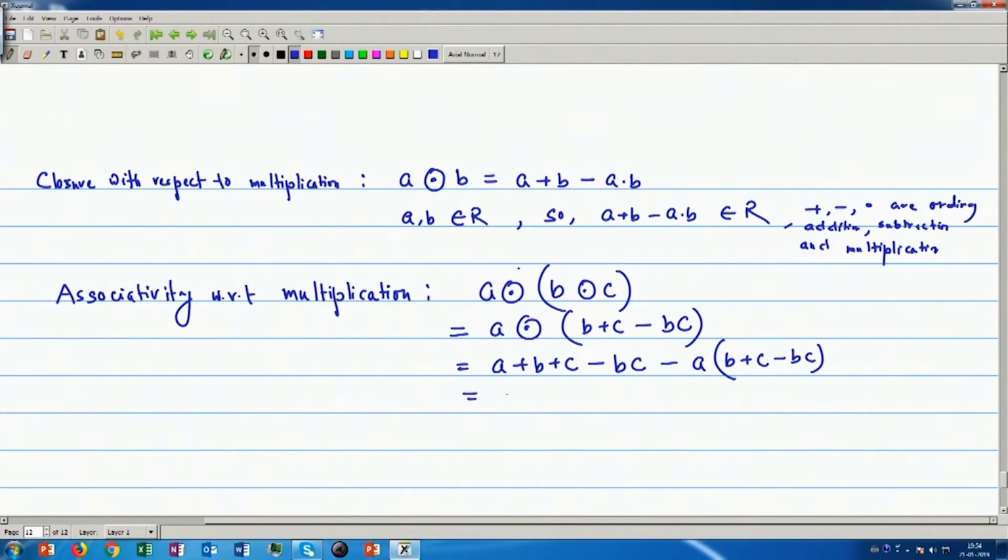So, this becomes A plus B plus C minus BC minus AB minus CA plus ABC.